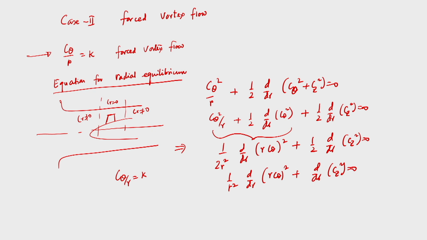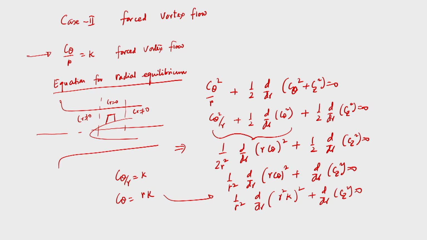Now C theta is equal to what? R into k. So C theta will be equal to R into k. If I put this value, 1 by R square into d/dr of R square k square plus d/dr of C z square equal to 0. So this is the equation.